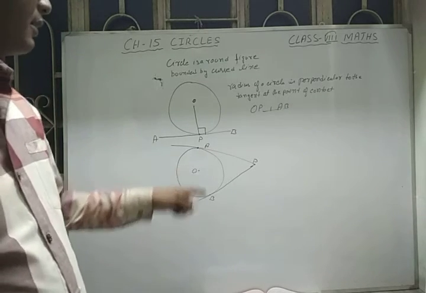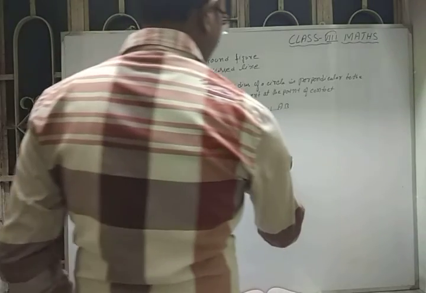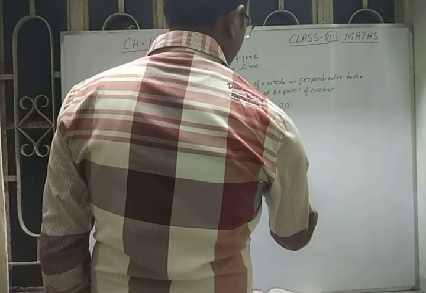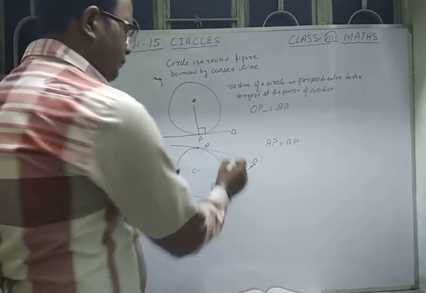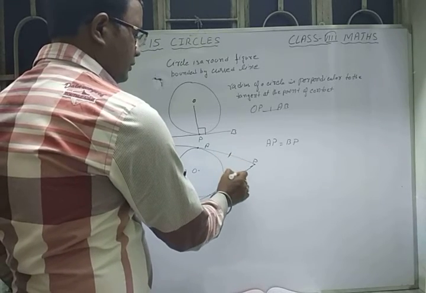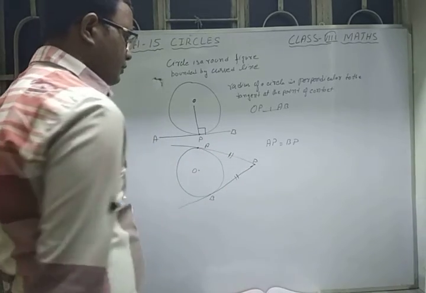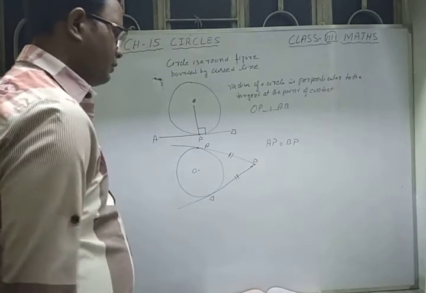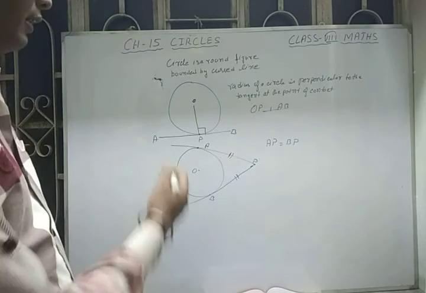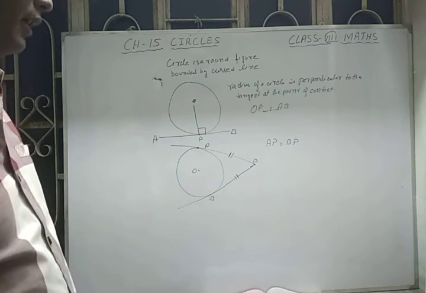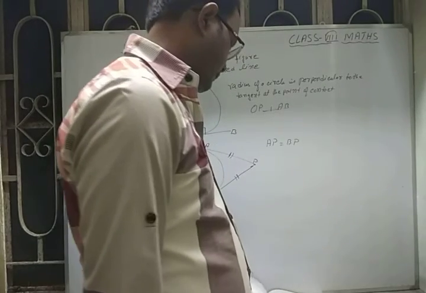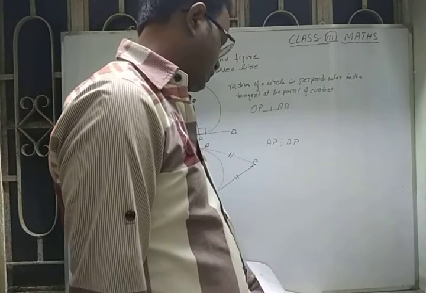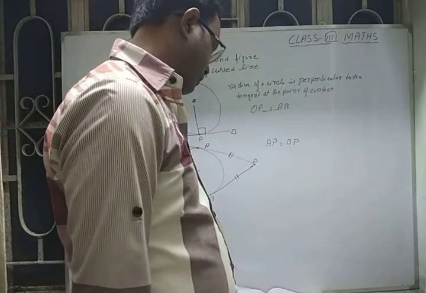That means AP is equal to BP. According to this theorem, this AP and this BP are equal to each other. You can prove this using congruency, which you have not studied yet. We'll study it in your triangles chapter.